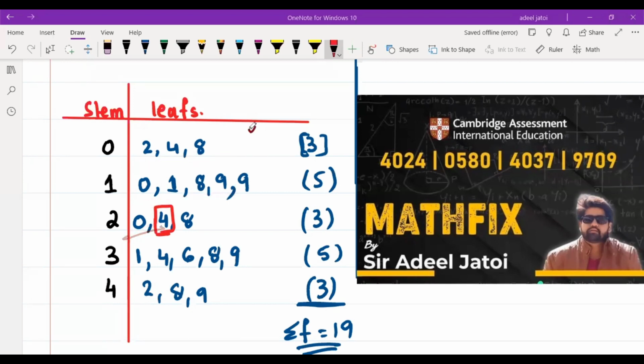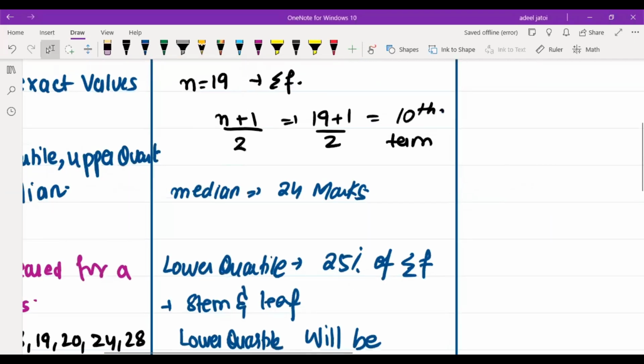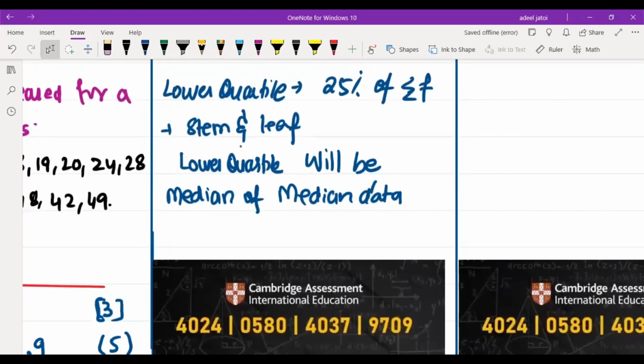And how many numbers do we have? 9. So again your formula will be for odd, which is (n+1)/2. But now your n is 9. So (9+1)/2 becomes 10/2, the fifth term.